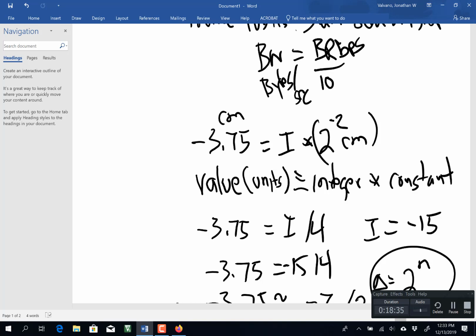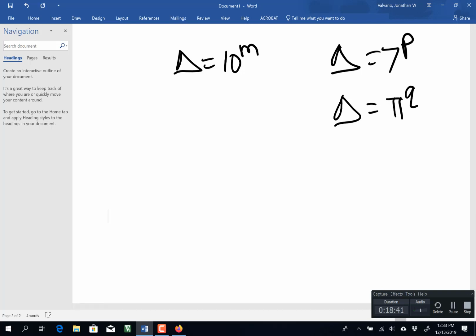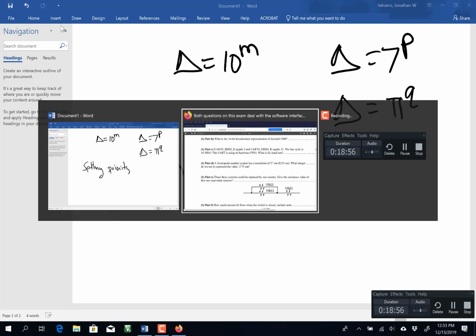Yeah. So when you're setting a priority, how exactly does that work? Because I can just copy it, memorize it, but I don't know what's actually happening. Let me go back to this one here.